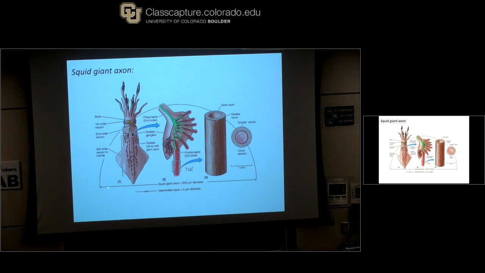So the reason that they were so fond of this is not because they were super fascinated with squid, though they did know something about the behavior of squid. But this was a way to access and catch some of this spiking in neurons in action.